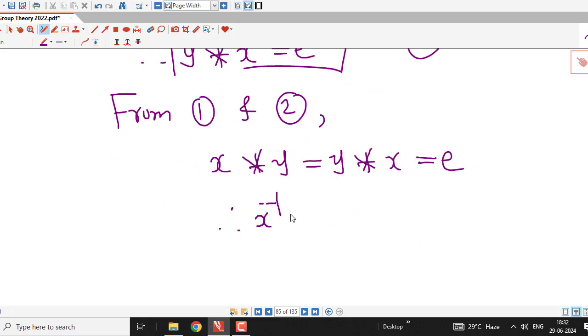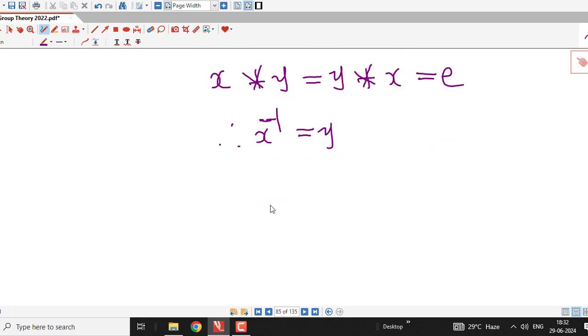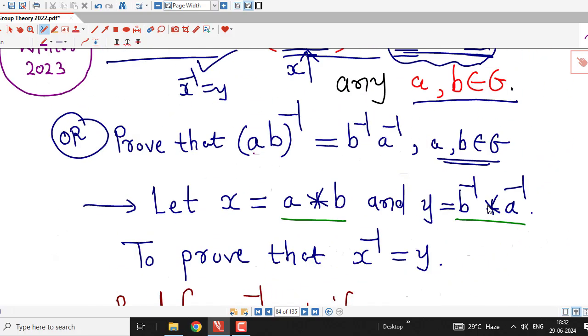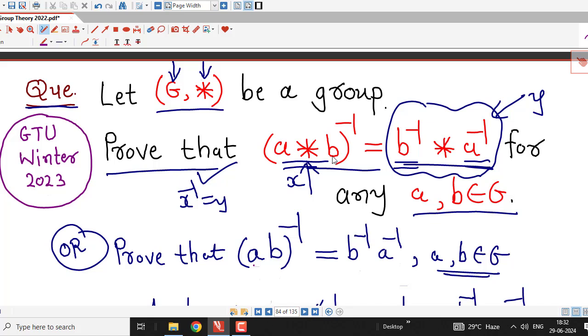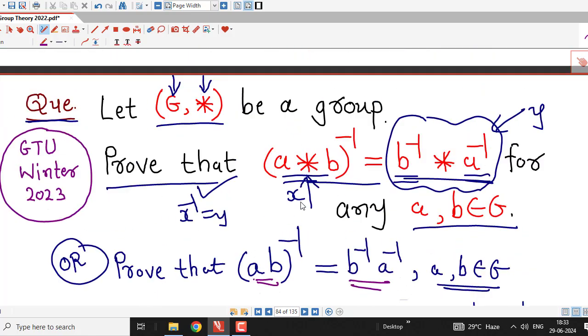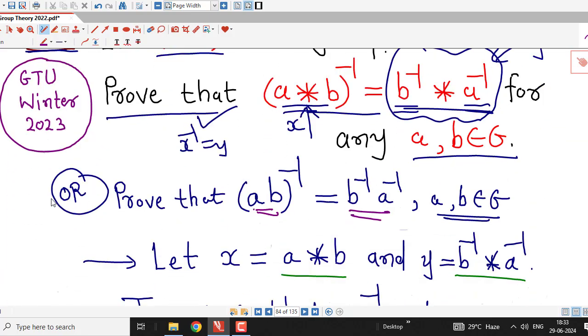This means inverse of x is y, and we have taken x equal to A star B, so I replace x by A star B, and y was taken as B inverse star A inverse. So if we have a group G, then we can always say that inverse of A star B is equal to B inverse star A inverse, that is (AB) inverse equal to B inverse times A inverse. So this is the first question, very easy question asked in GTU Winter 2023 exam.